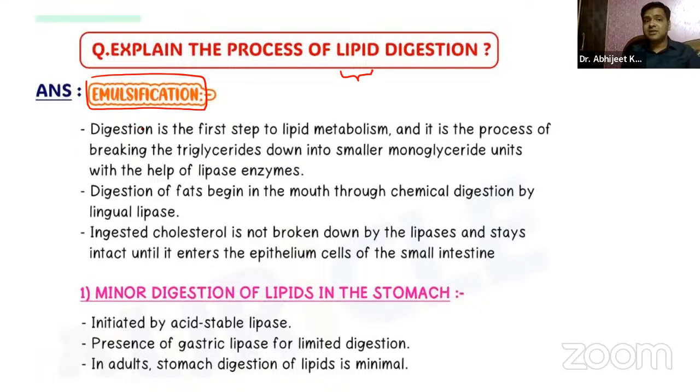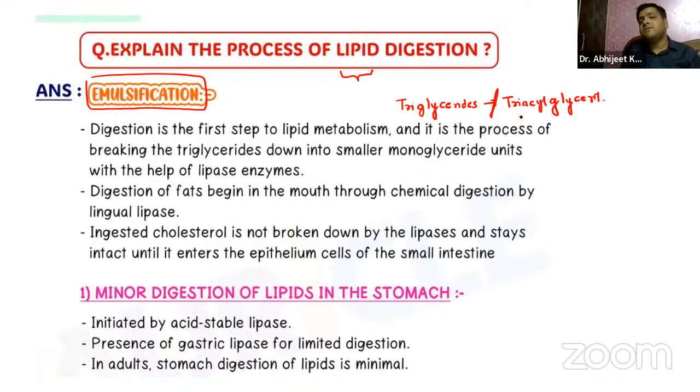Now, you already know we have something called triglycerides, also called triacylglycerol.